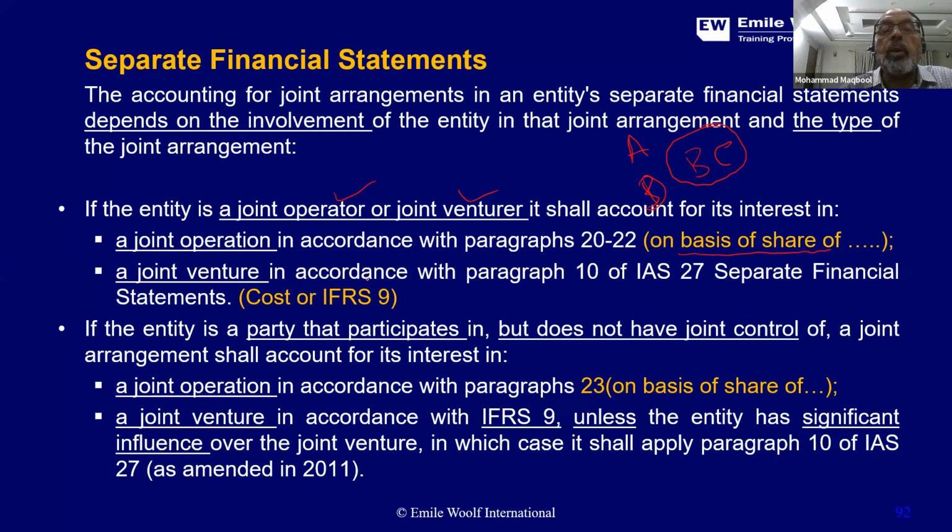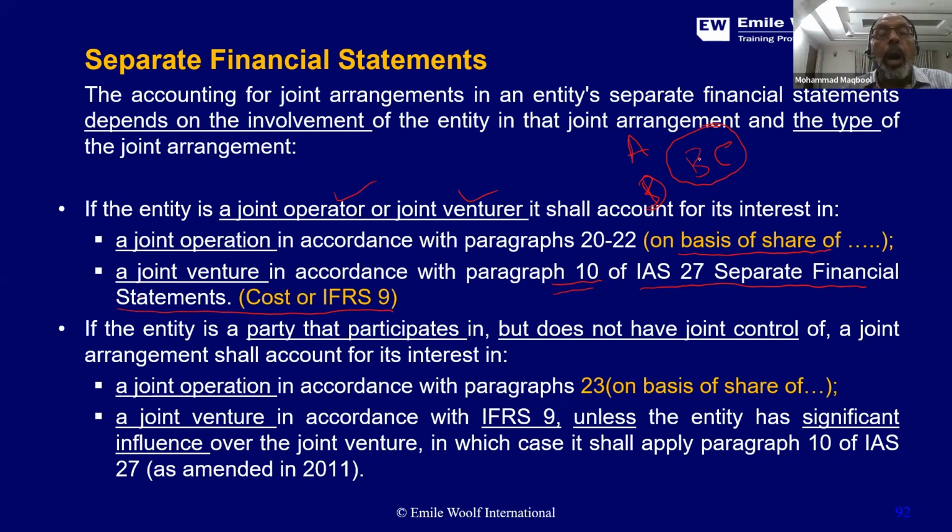And for the joint venture, in accordance with paragraph 10 of IAS 27, separate financial statements: cost or IFRS 9 method, okay? So this is about the separate accounts, for B and C, which are the joint operator and the joint venturer, and have joint control.